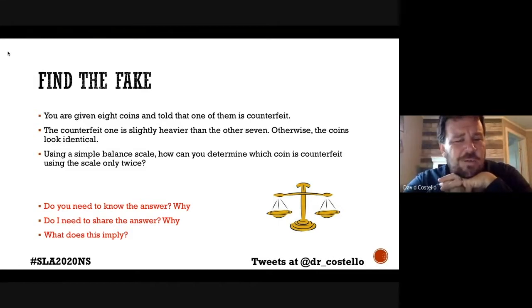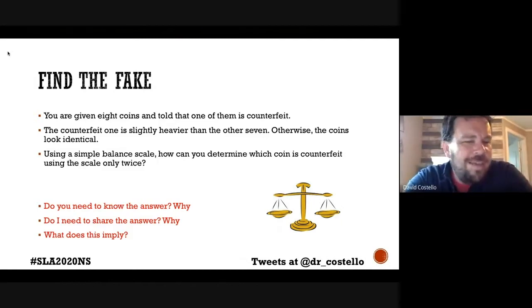Do you need to know what the answer is for this question, and why? Is this something that you feel you need to know what the solution is before you can move on? Do I need to share the answer or provide an opportunity for someone to share the answer with everyone, and why? And what do those 2 questions imply?